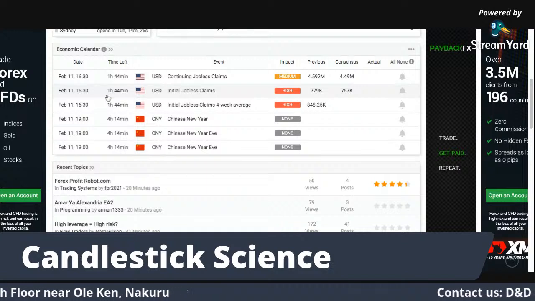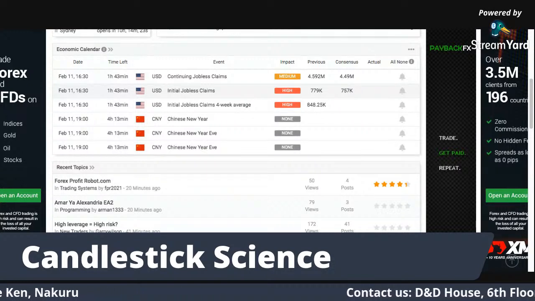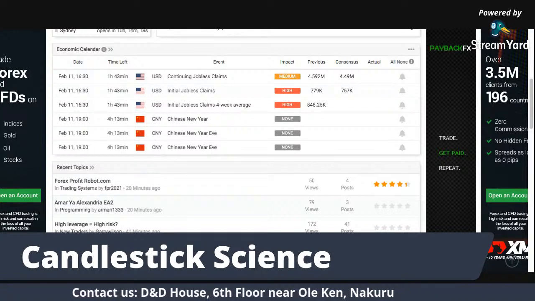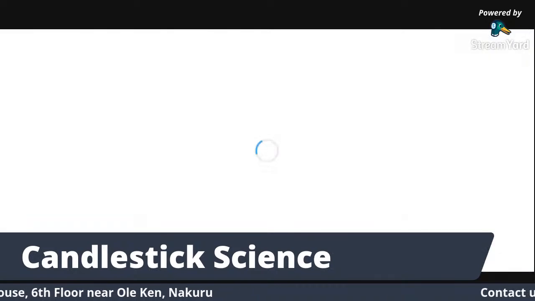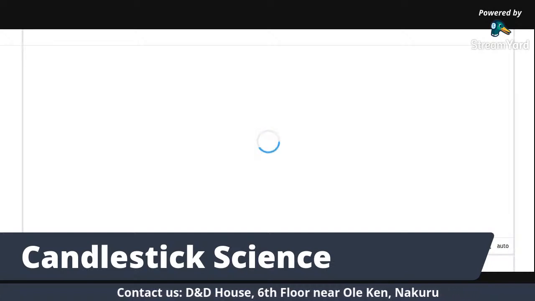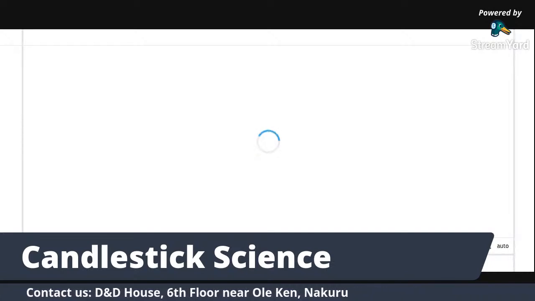Yeah, 430. That is 1 hour 44 minutes from now. I think that is the one that will provide the liquidity of either going down or going up. First see it is a high. Yeah, I really suspect price is going to go up. I highly suspect. So if it goes up, good for us.